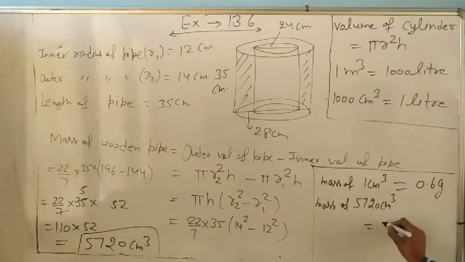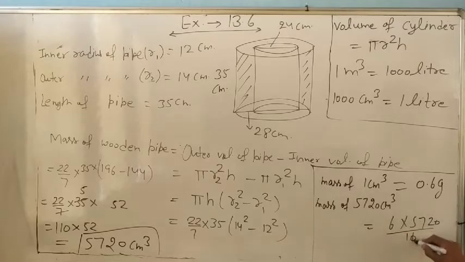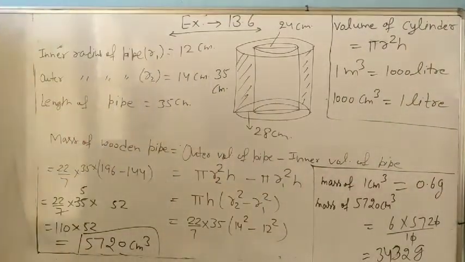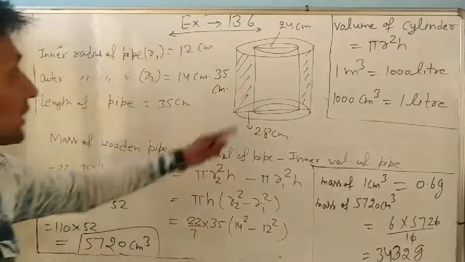How much? 0.6 multiplied by 5720 divided by 10. Why? To remove the decimal of this one. Now cancel 0 with 0 and multiply. So it is 3432 gram, the mass of the wood.